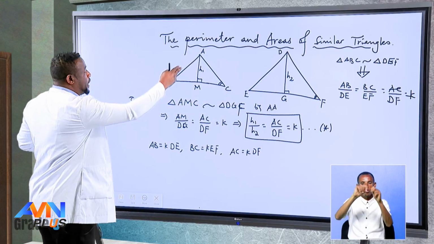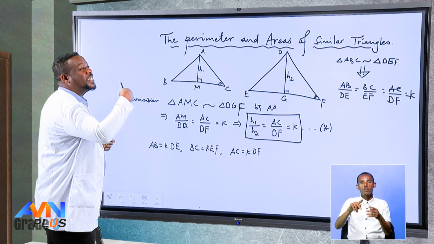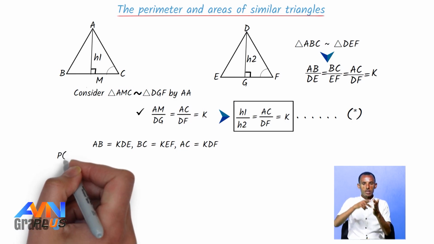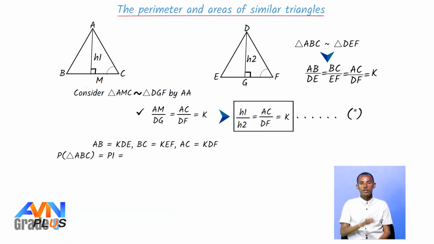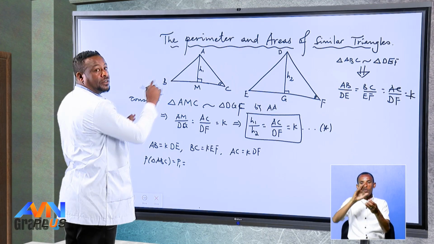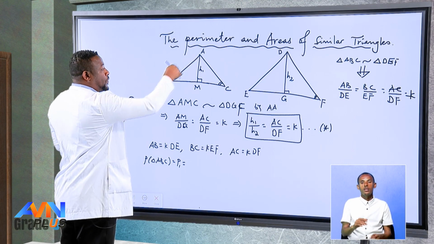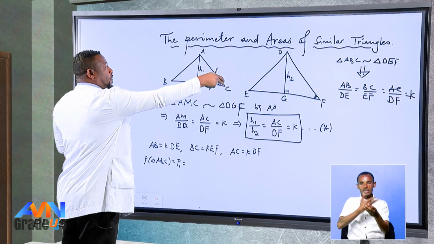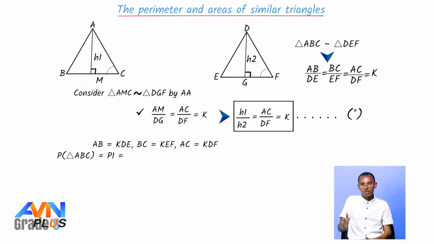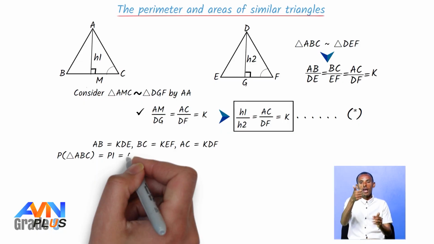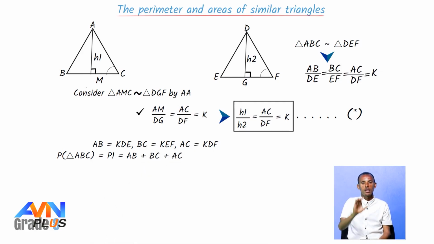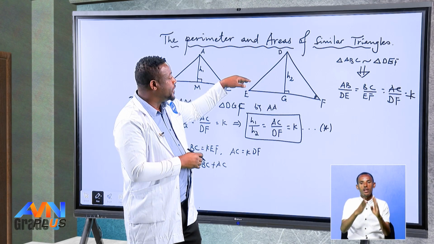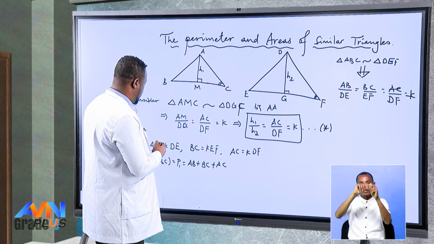Once we have this, now we can create a relationship between the perimeters of these two triangles. Let's say the perimeter of triangle ABC is P1. Perimeter means the sum of all the sides, right? The perimeter of ABC means the sum of these sides. So P1 is AB plus BC plus AC. Again, let's write the perimeter of triangle DEF.